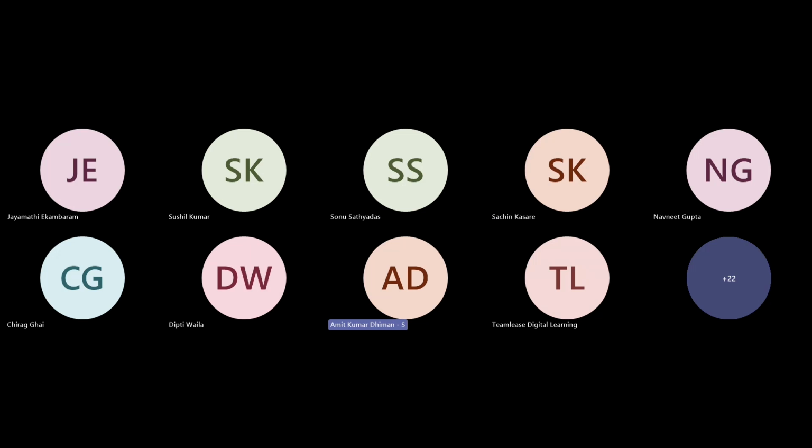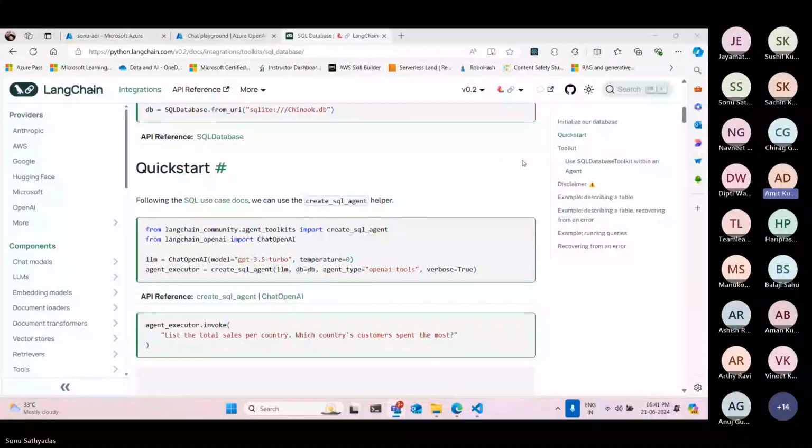Let's say, for example, we have Synapse data, and we have relationships among the tables as well. So is it possible to configure that particular model with it?